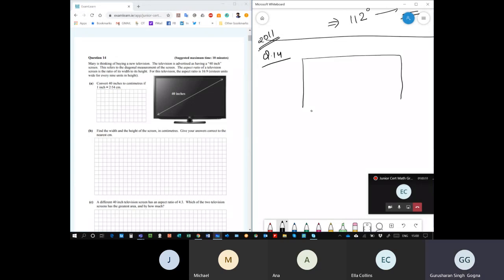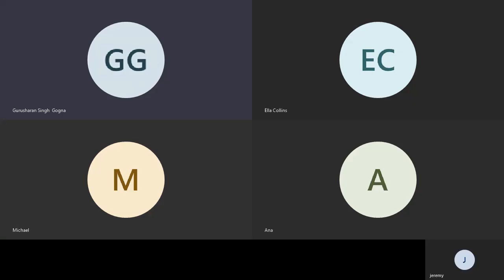So this, let's say, is the screen, and this is 40, and they said the aspect ratio, which is the width to its height, is 16 to 9.